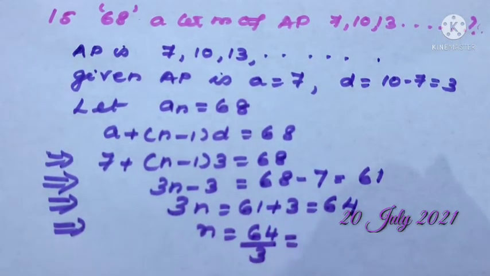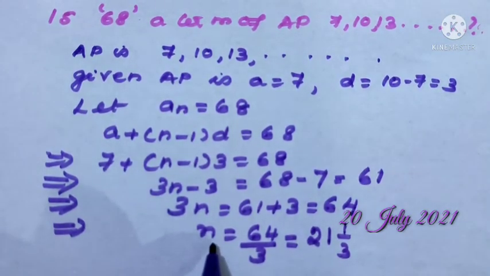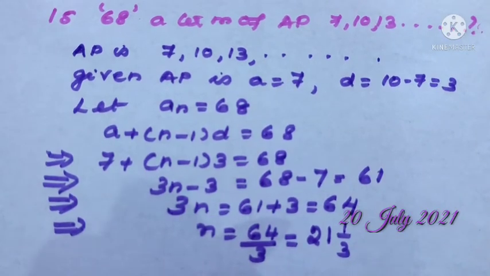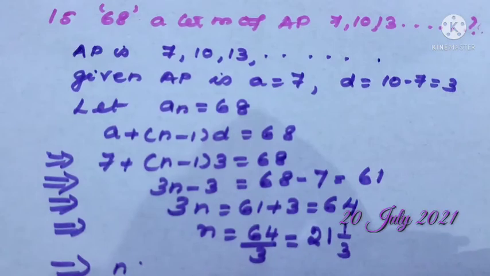So 64 by 3 means balance 1, so 21 and 1 by 3. N is a natural number because n shows the number of terms, right? So if n is a number of terms, n should be a natural number only. Here we are getting n as a fraction. So we can say that n is not a natural number here.